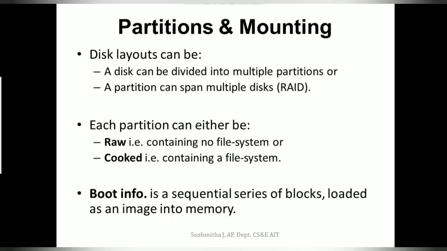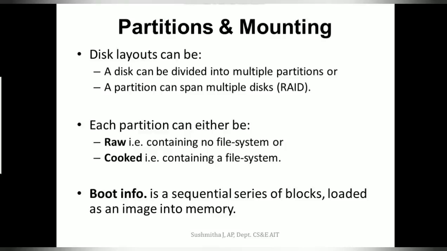It is a sequential series of blocks loaded as an image into the memory. So the execution of the image starts at a predefined location such as the first byte. This bootloader in turn knows about the file system structure to be able to find and load the kernel and start its execution.